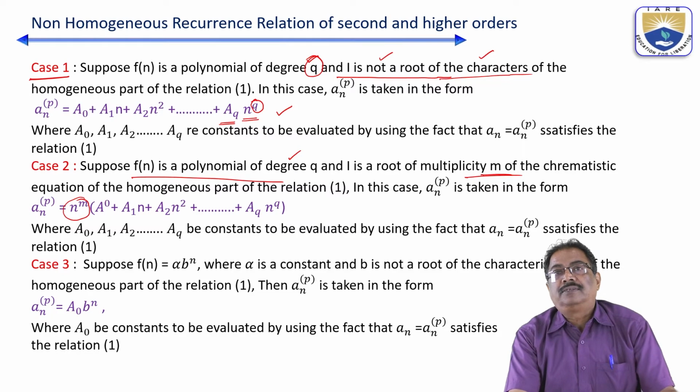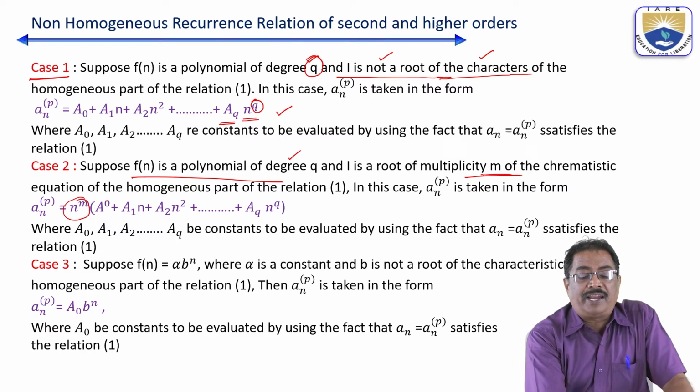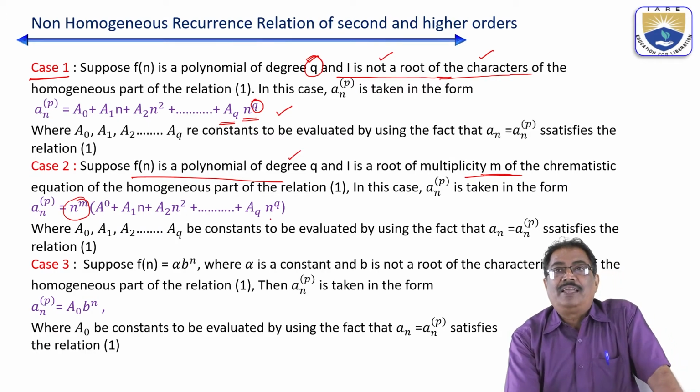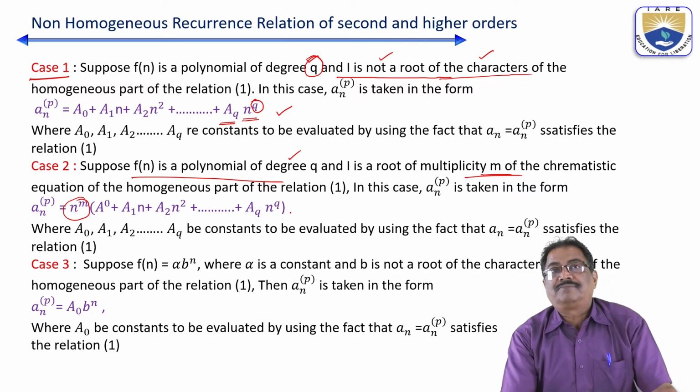If 1 is a repeated root, that is m equal to 2, I take n square times this. If 1 is repeated 3 times, we write n cubed times this.